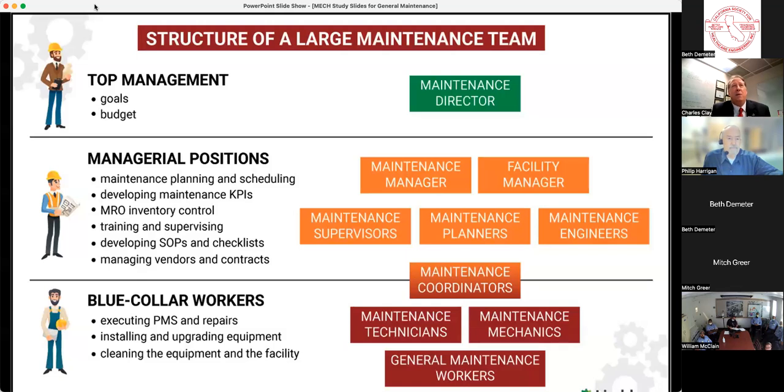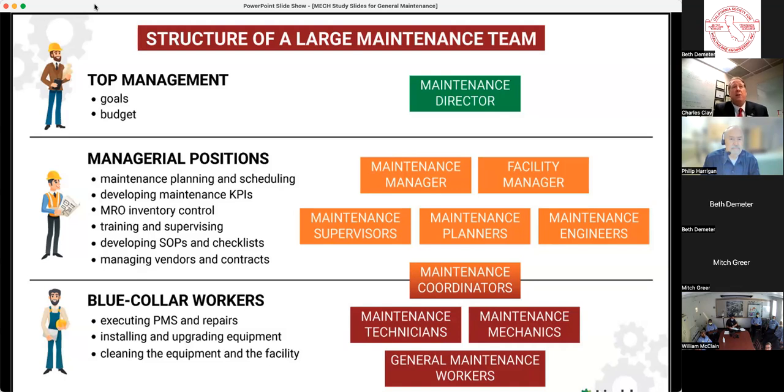The structure: I thought about this quite a bit because there are different sizes, and they'll talk about this. This is a possible thing on the test. For top management, goals or budget. Depending on the size of the facility and its structure, you'll have questions that may relate to management positions.